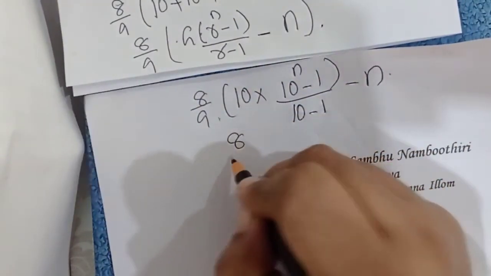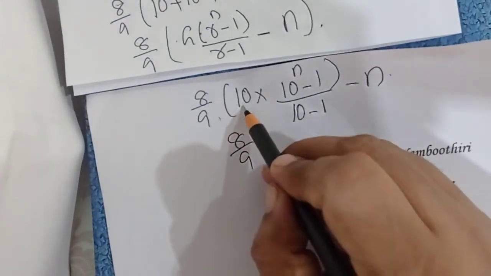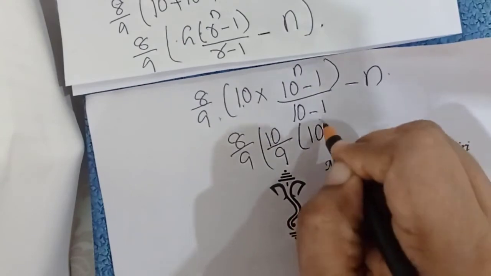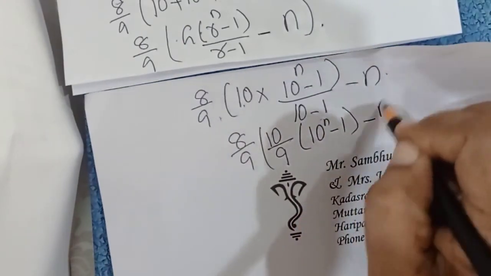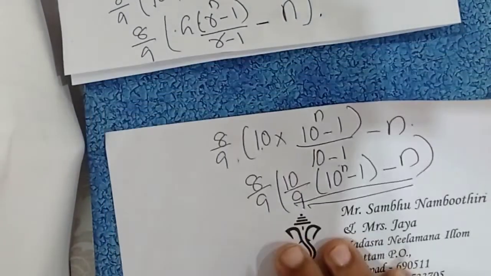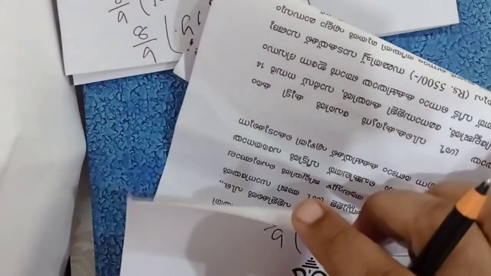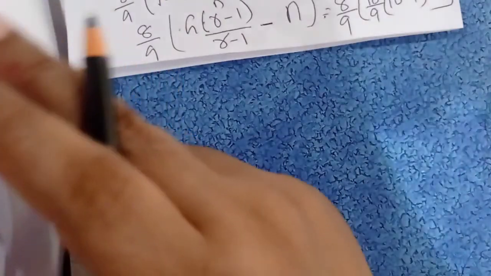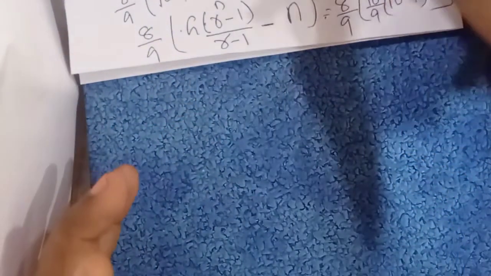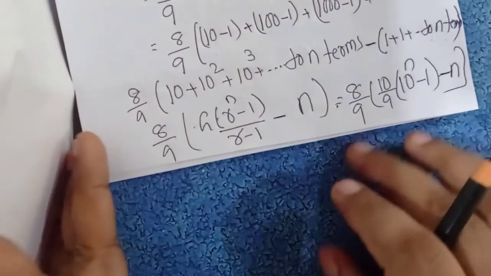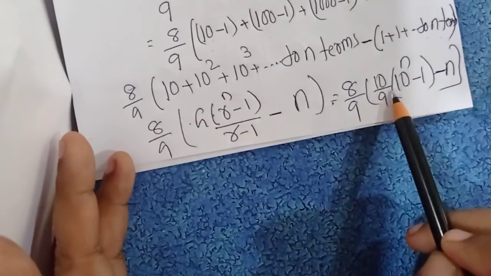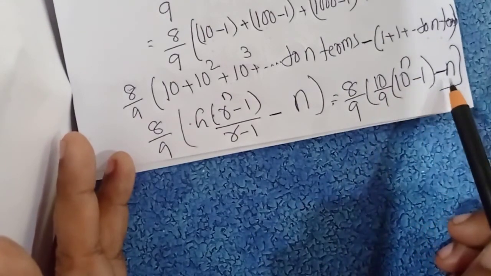Therefore, 8 by 9 into, this 10 by 9 is there, 10 by 9 into 10 raised to n minus 1 minus n. All of you look at the board.